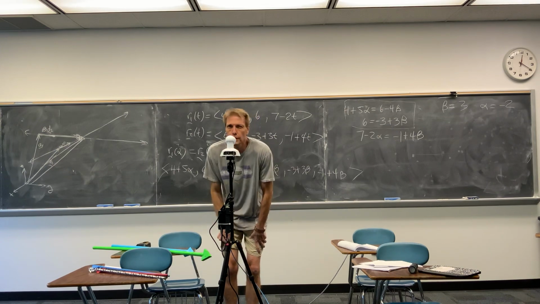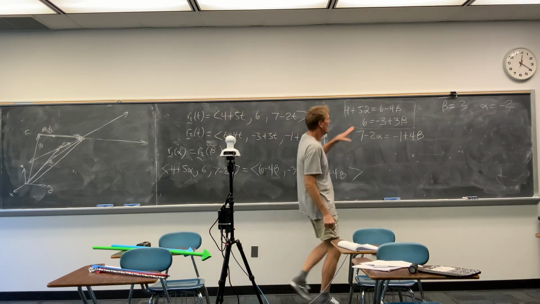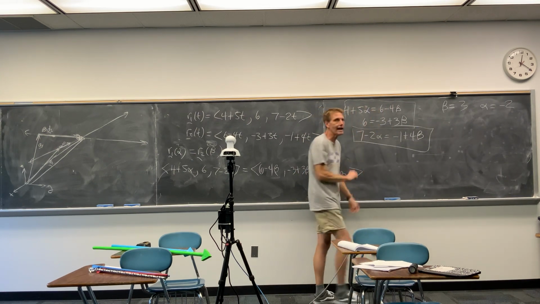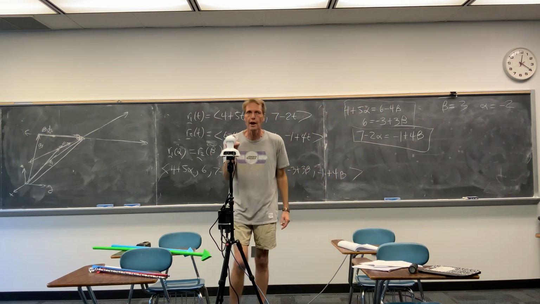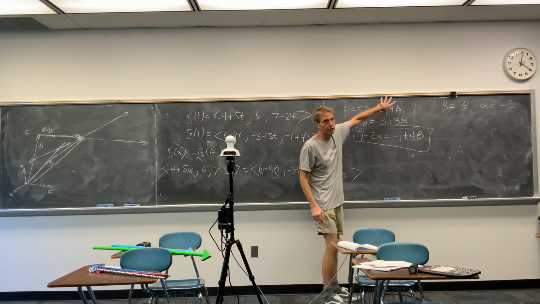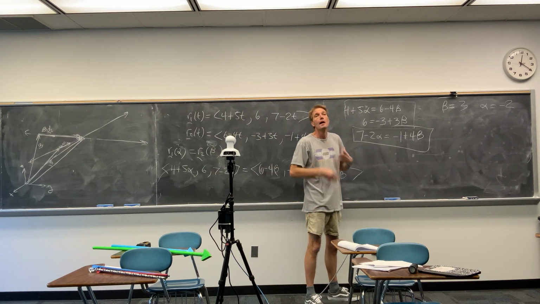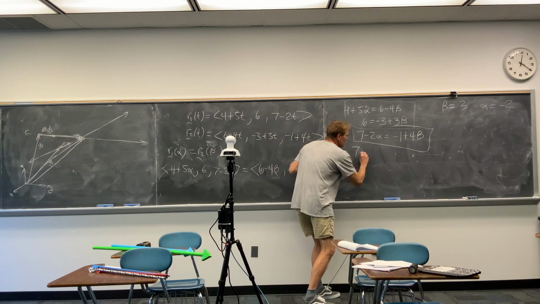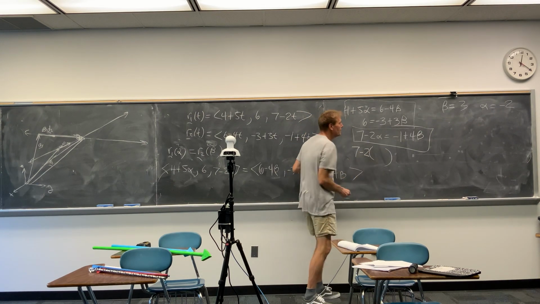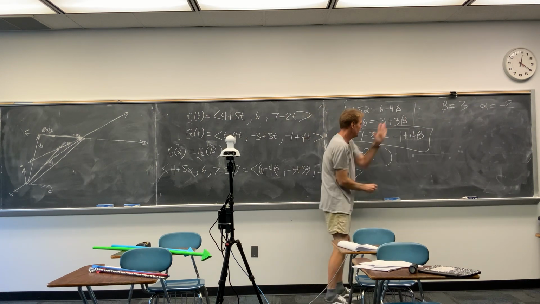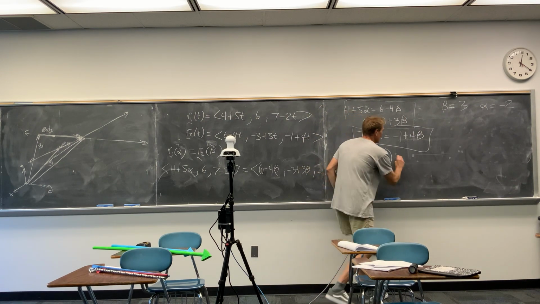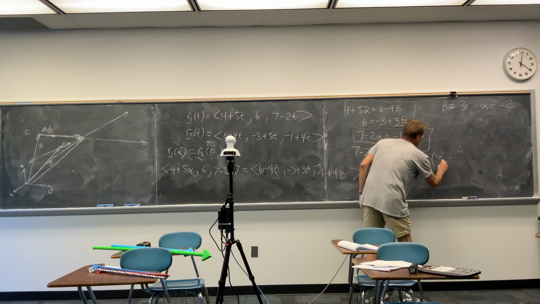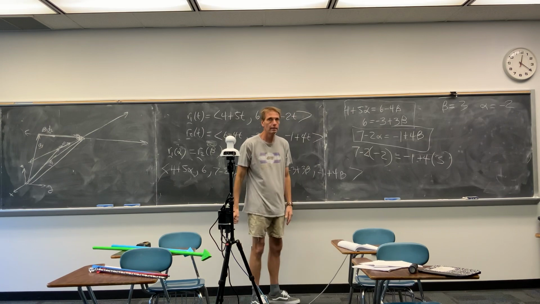It's really, really rare that the alpha and the beta that work here will satisfy the other equation. It's really rare that the alpha and beta that solve the first 2 will solve the third. But in this case, let's just see. If I have 7 minus 2 times the alpha, well, that's negative 2. Does that equal negative 1 plus 4 times beta?